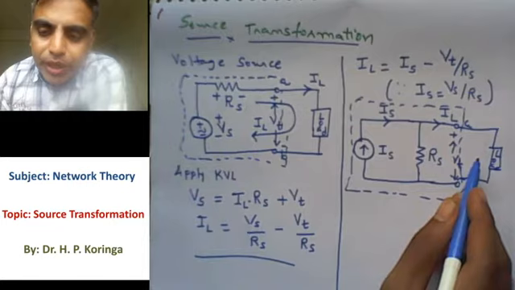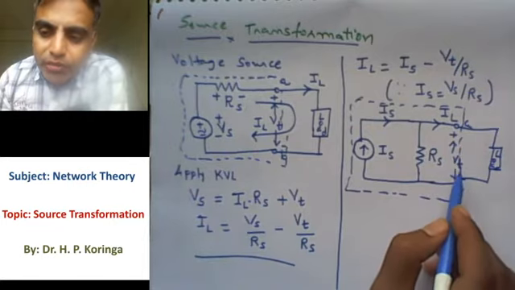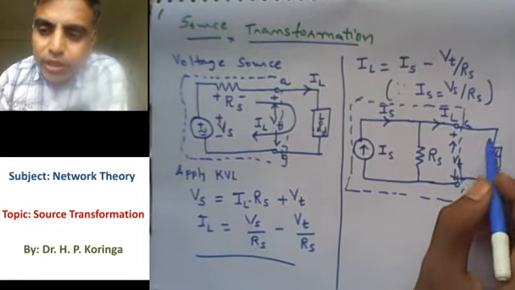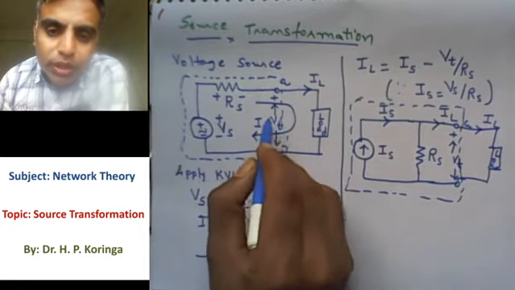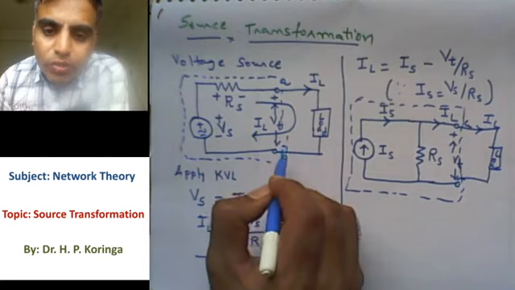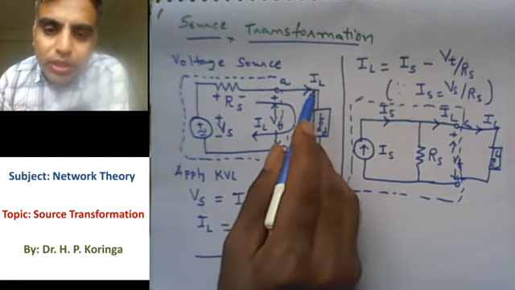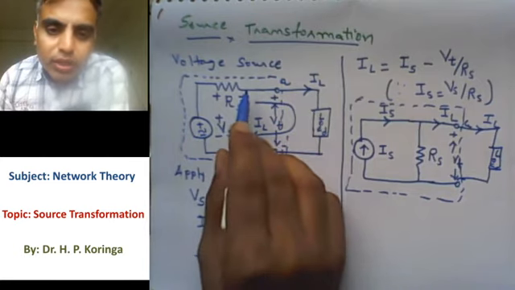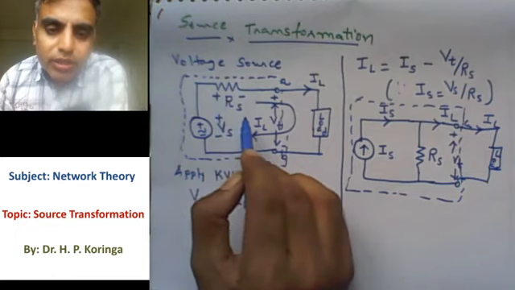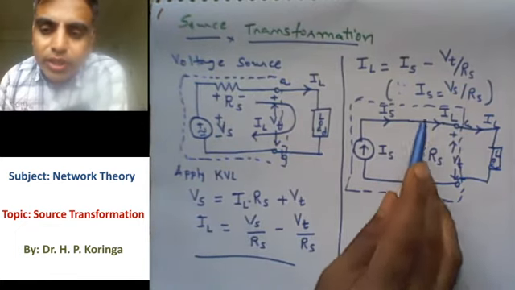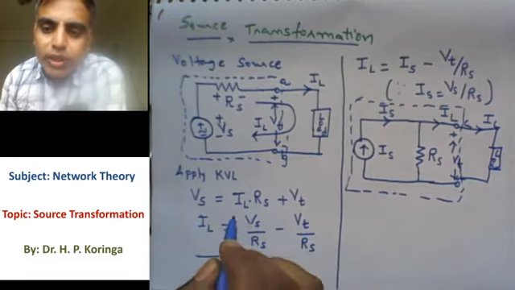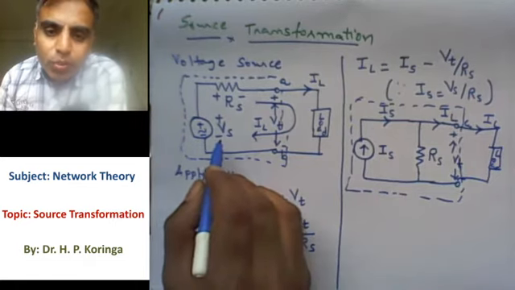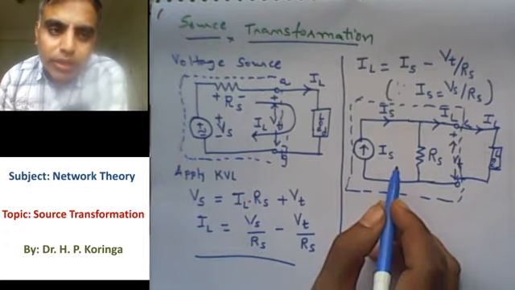At the terminals A and B, the voltage is Vt and the current is the load current IL in both. So whatever circuit is inside can be replaced using this circuit. We can replace a voltage source with an equivalent current source.